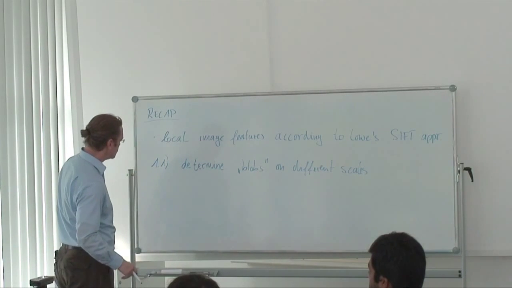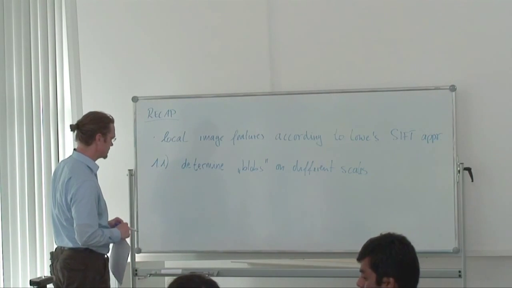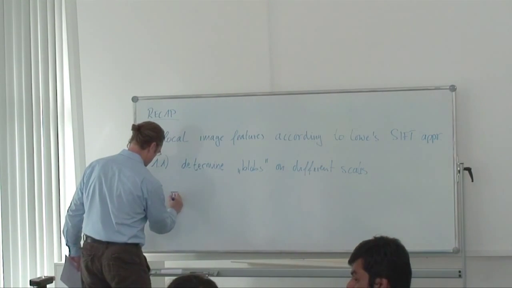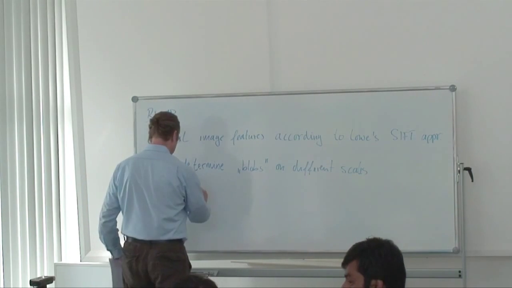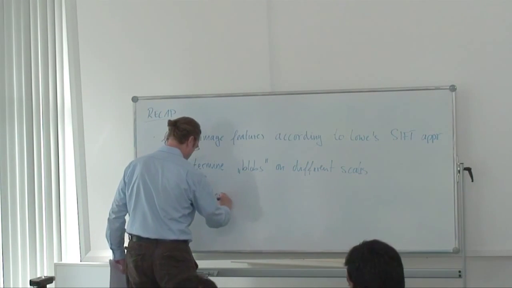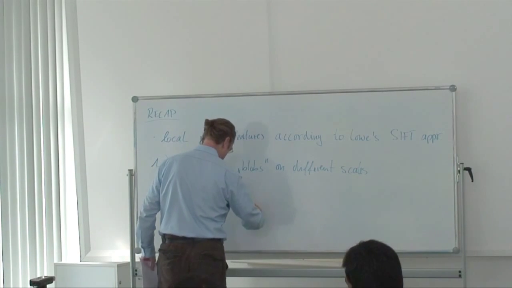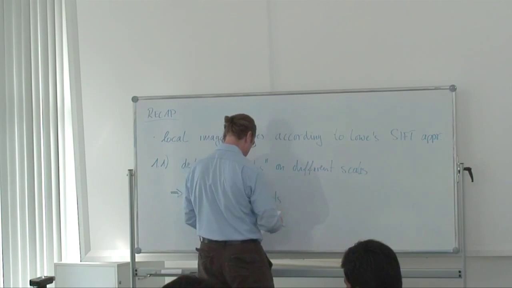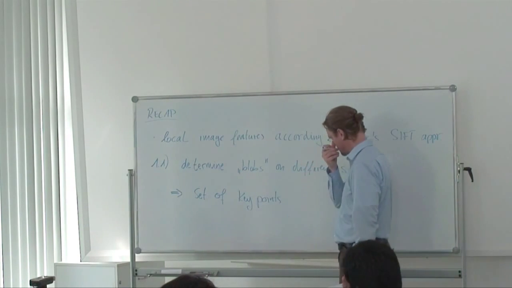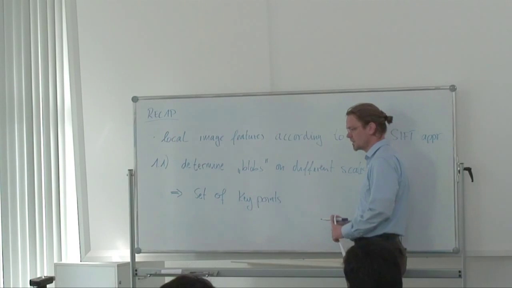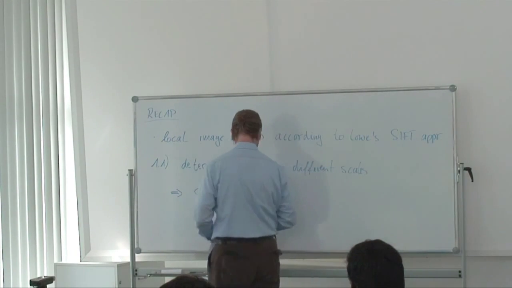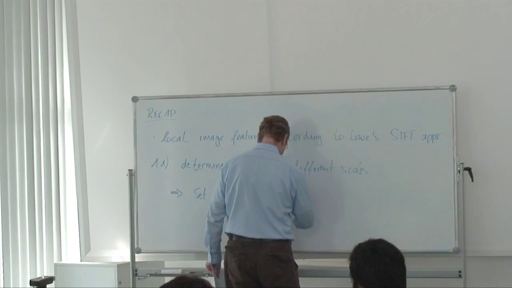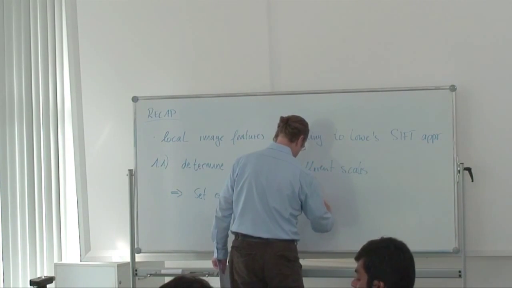Now, once we had computed these blobs on different scales, we can think of this as a set of key points, and this time they are not corners, as in the case when we studied the Harris descriptor. This time the key points are the center points of the blobs we found. We get the location of the blobs, and we also get the scale of the blobs.